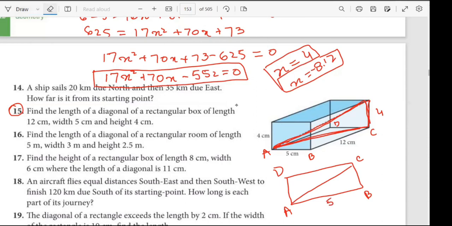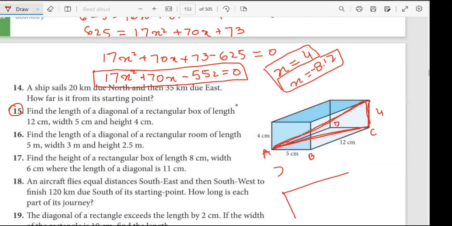So it's better I draw with the same proportion, it will be easy to understand for you. Here A to B is small. This one is A, this one is B, and this side is C. You have to find this line AC. AB length is 5, BC length is 12, and this length, I call it X, you have to find.